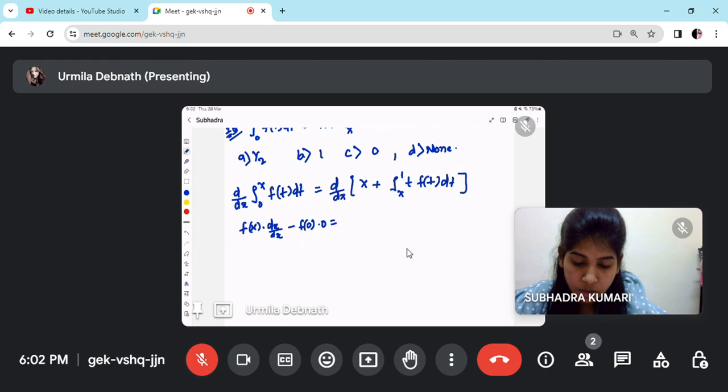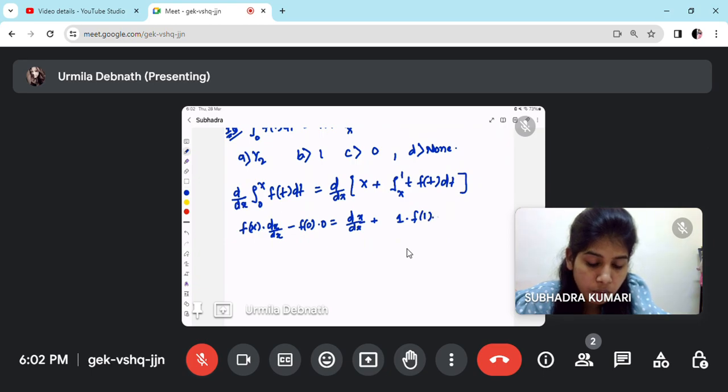That equals d by dx of x plus, again here apply the Newton-Leibniz concept: put t equal to 1, and then put f of 1, and differentiate 1 with respect to x. 1 is a constant quantity, and differentiating any constant gives 0, so that is 0. Minus, put the lower limit in place of t, so that is x f of x, and differentiate x with respect to x. Okay, now simplify.